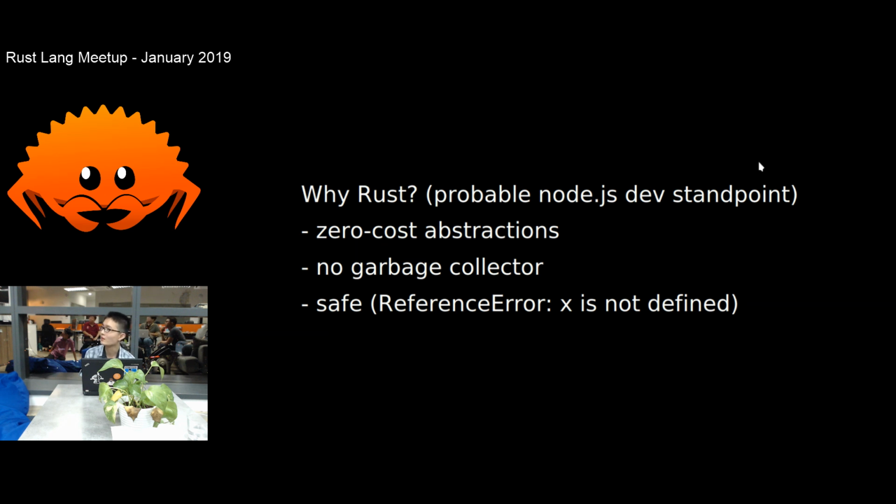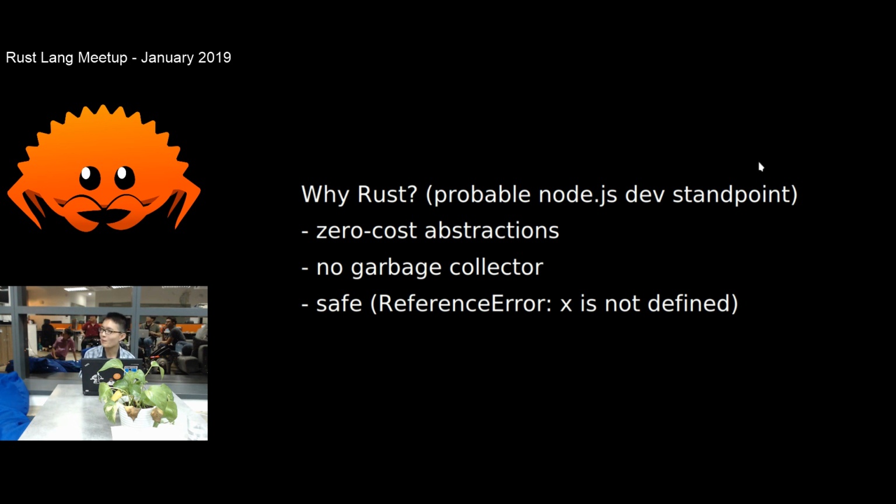When you take the size of a struct, you have no cost, there's no value unless it's a Box, then you have some cost for traits. And then no garbage collector. And the last one, safe.